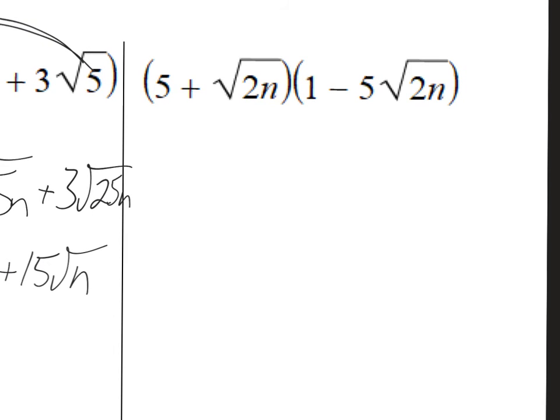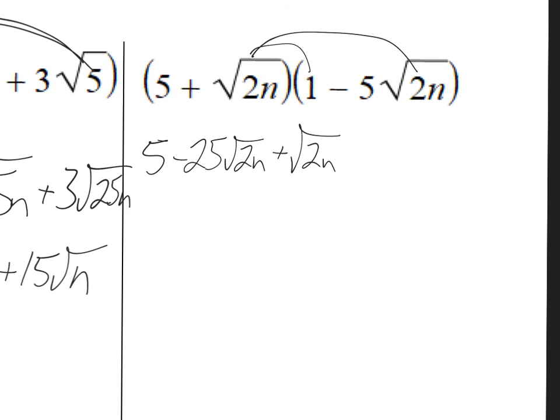Okay, so we have 5 times 1, that's 5. 5 times 5, that's negative 25 radical 2n. 2n times 1, so that's plus radical 2n. And then negative 5 radical 4n squared.